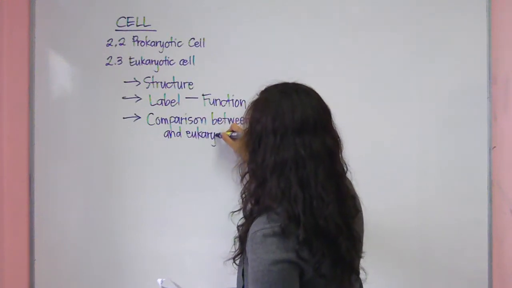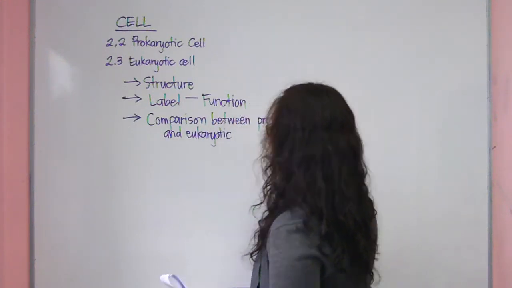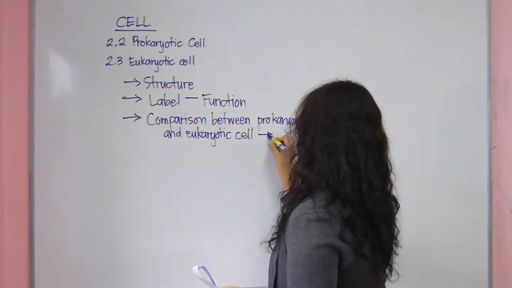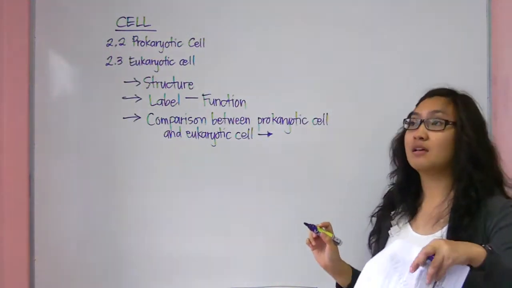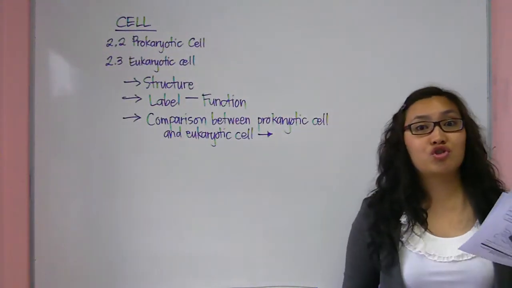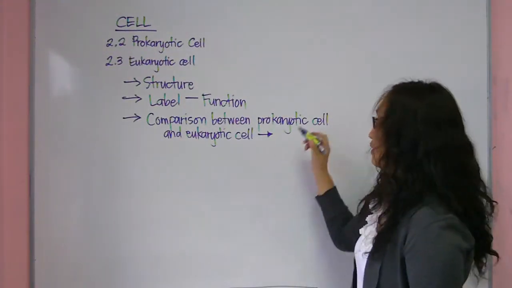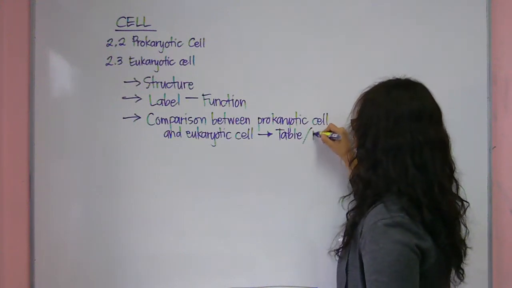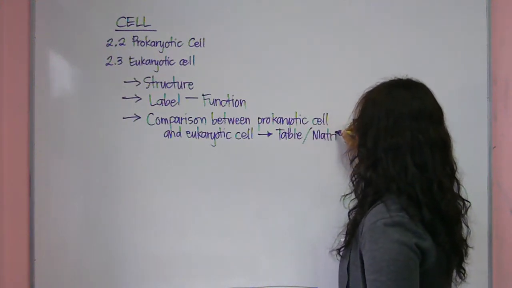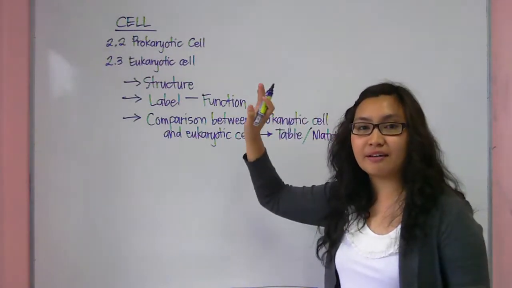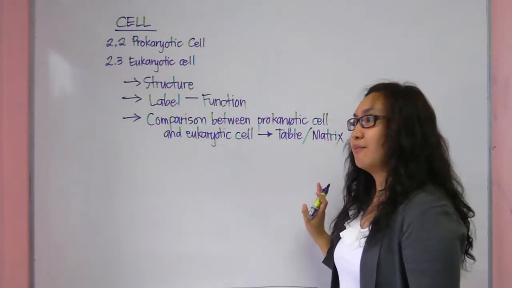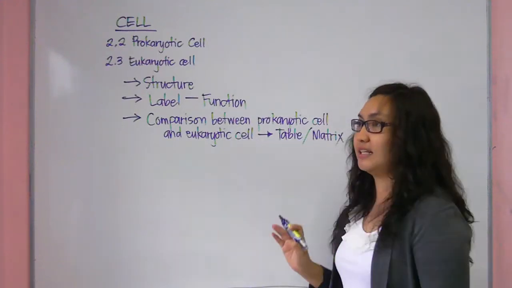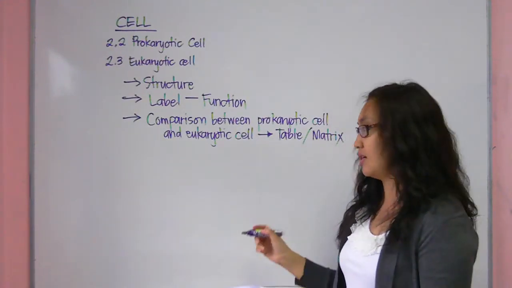The most effective way to show this is to put it into a table, or a matrix. For example, by writing down the basic features present only in prokaryotic cells and eukaryotic cells, we might be able to give the comparison.